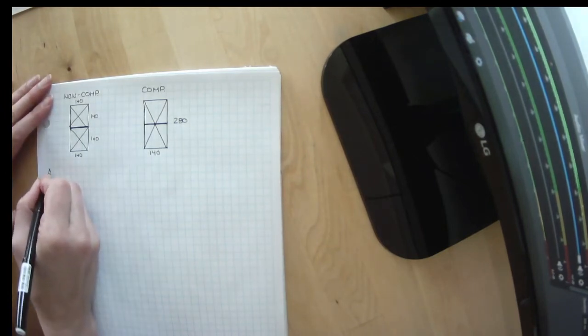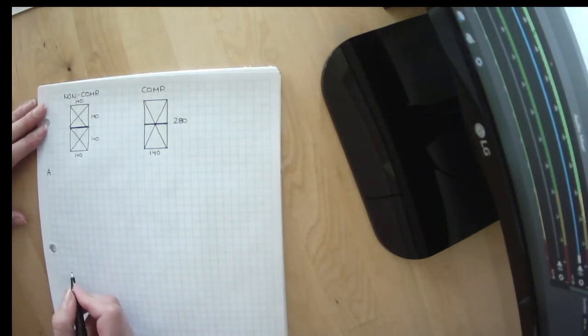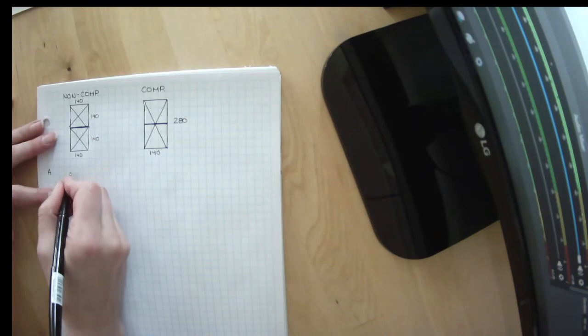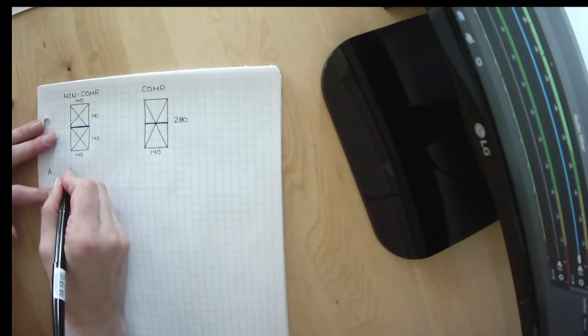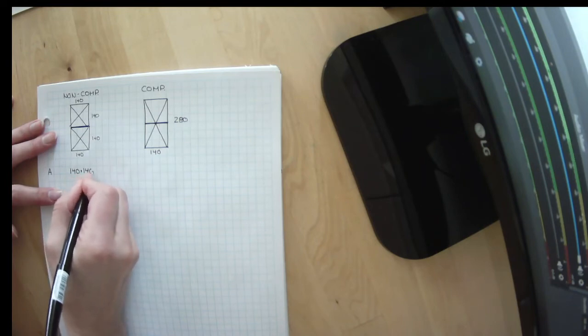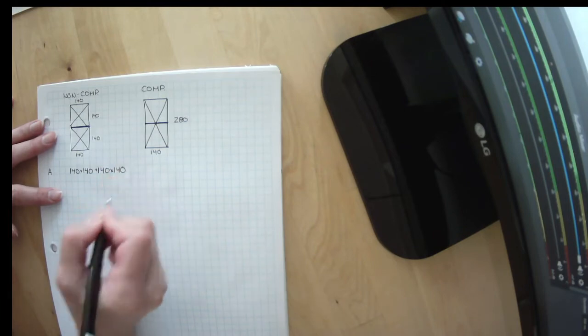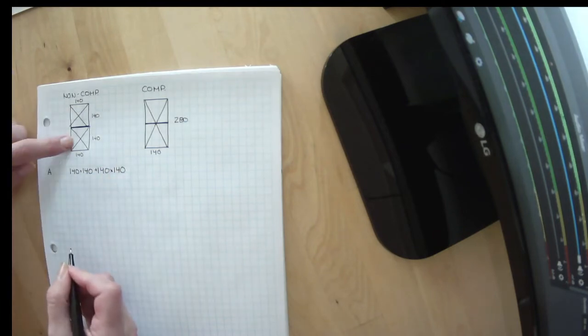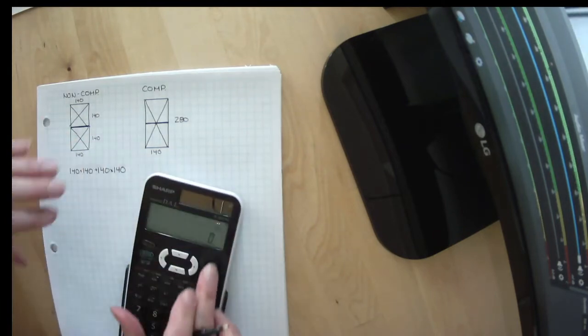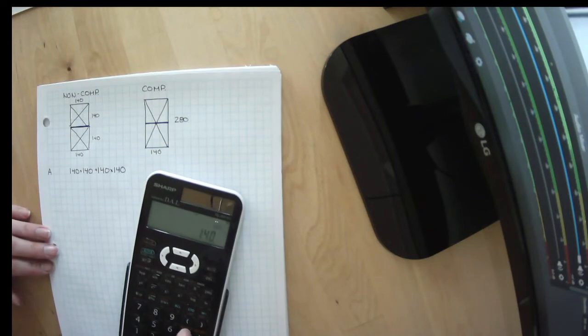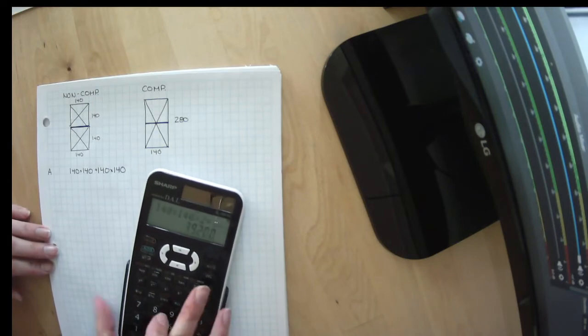Let's calculate area. Well, area is B times D, or 140 by 140 plus 140 by 140. We've got the area of that plus the area of that, or 140 times 140 times 2.